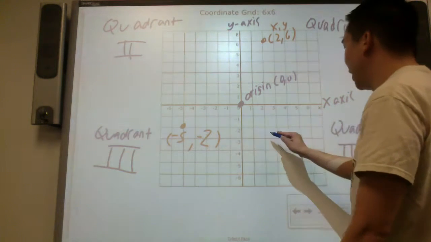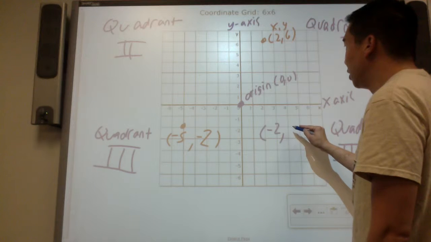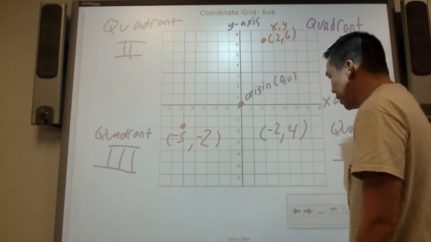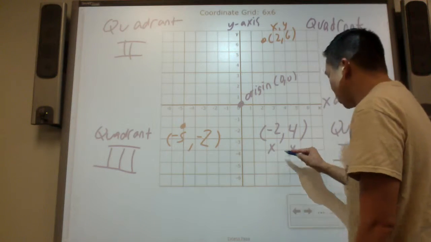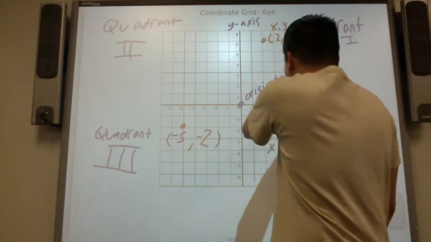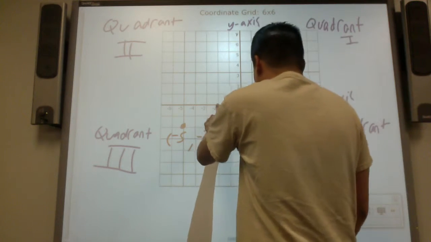Let's do another one. -2, comma 4. Again, this is the x, this is the y. So let me locate -2 on the x-axis. Starting at the origin, the home base, -2 is right here.